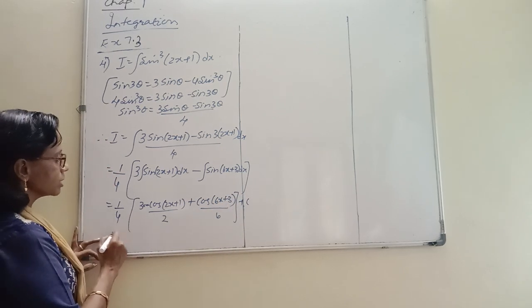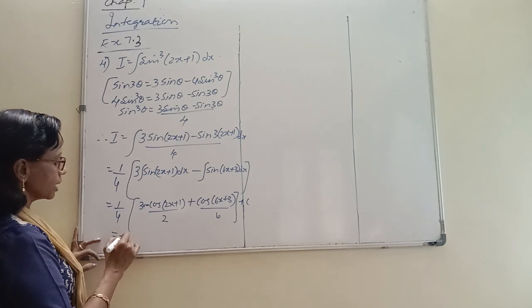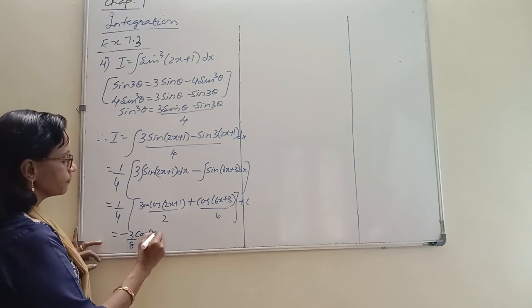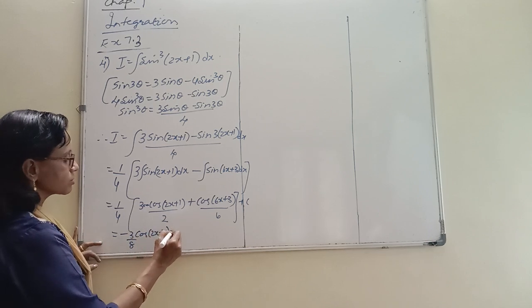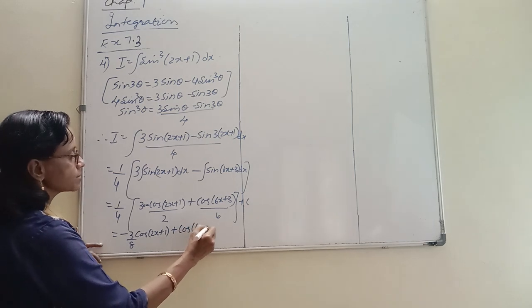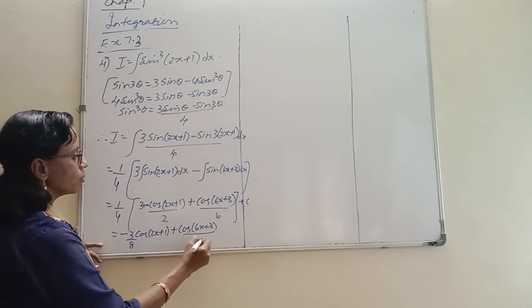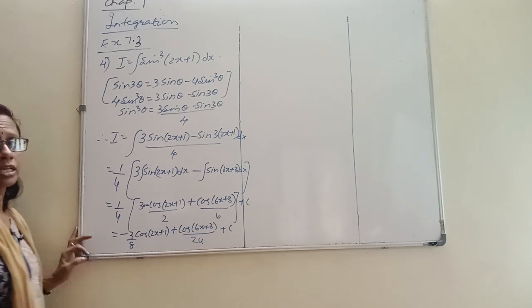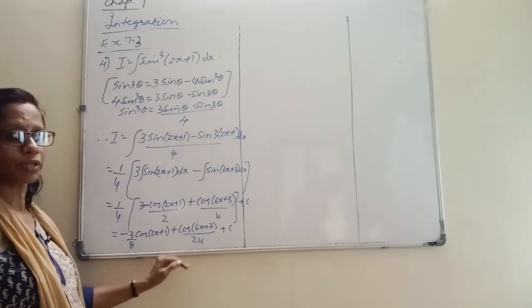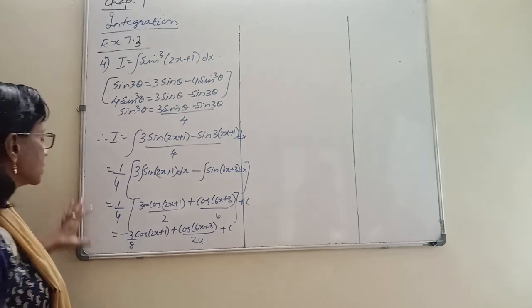In simplified form, the first part is minus 3 over 8 cos(2x plus 1), and the second part is cos(6x plus 3) over 24, plus c. Of course, there are several other ways of simplifying this, and this is one of them. So this is the fourth problem.